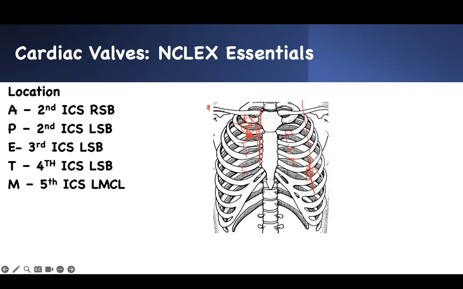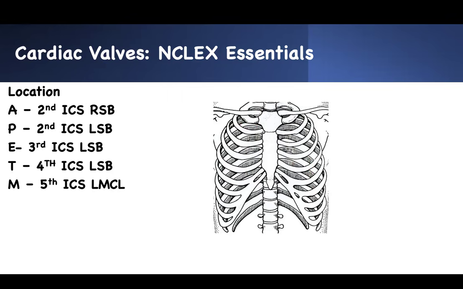So this is the diagrammatic representation of the location of each of the valves. To listen to them, this is where you put your stethoscope. That is the first thing, and that's the location to be familiar with.